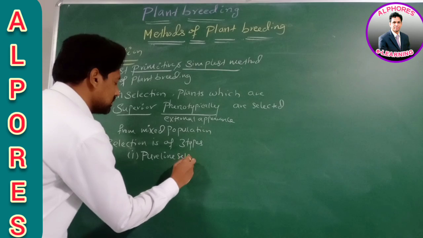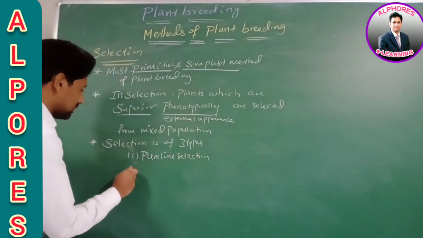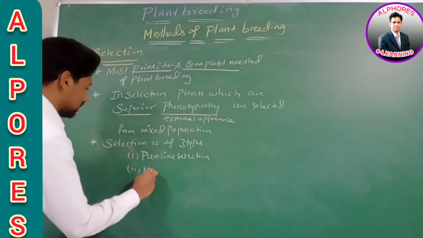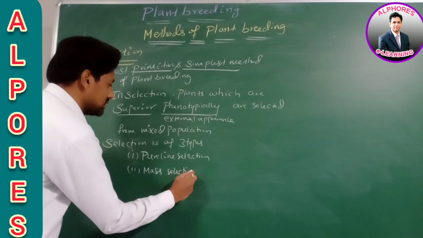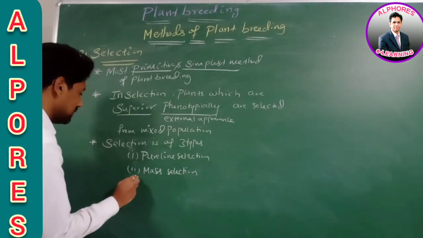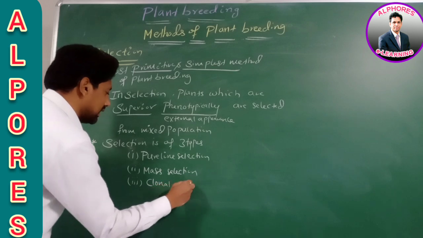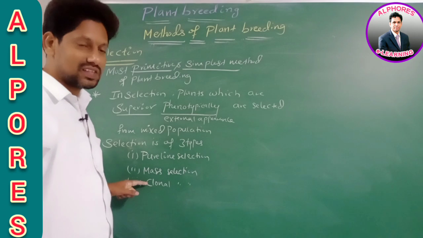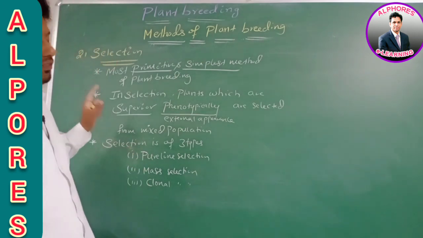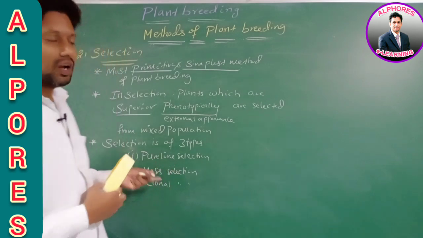Second one is mass selection. Third one is clonal selection. Therefore, pure line selection, mass selection, and clonal selection. These are three types of selections. Is it okay? Right? Now go for the first one.